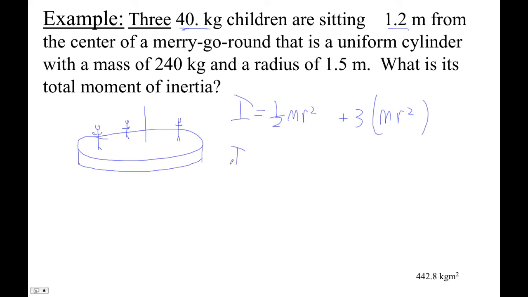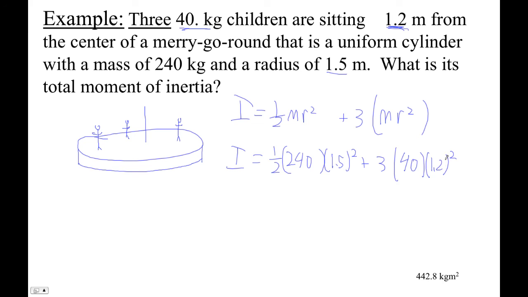So the moment of inertia will be 1/2 times 240, the mass of the merry-go-round, and its radius is 1.5. And then 3 precision 40 kilogram children, times they are only 1.2 meters from the center.